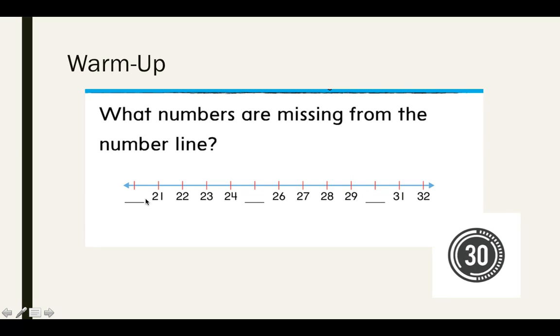Yes, I notice that there's some numbers missing. Yes, I also see that it begins with a blank and then it starts with 21. Let's read them out loud. Blank, 21, 22, 23, 24, blank, 26, 27, 28, 29, blank, 31, 32.